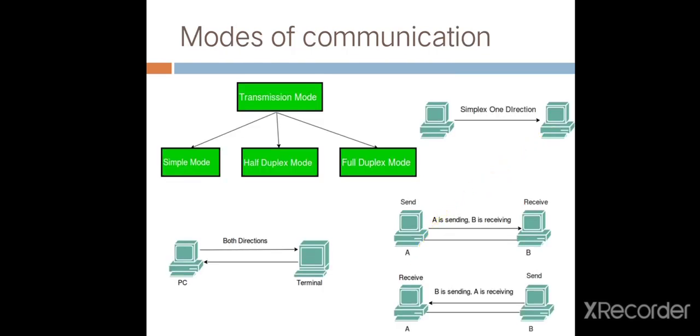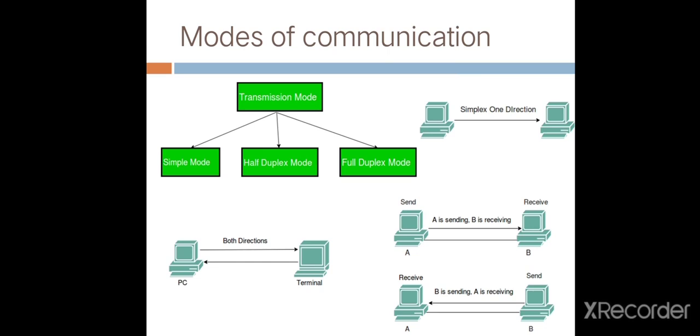Then modes of communication: transmission mode. There are three types of communication transmission mode. The first one is simplex mode, the second is half duplex mode, and the third is full duplex mode.